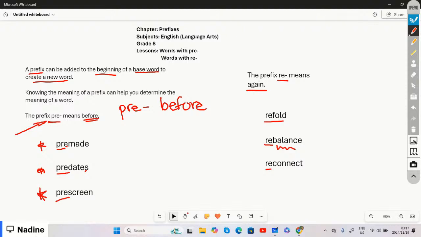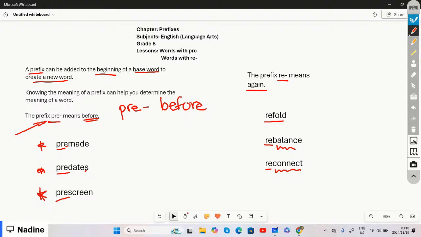And then we have reconnect. It's like I'm connecting again. Like, let's say, for example, you haven't seen somebody in a very long time. And now, after time, you guys meet up and you're talking as if you did not see each other in a very long time.